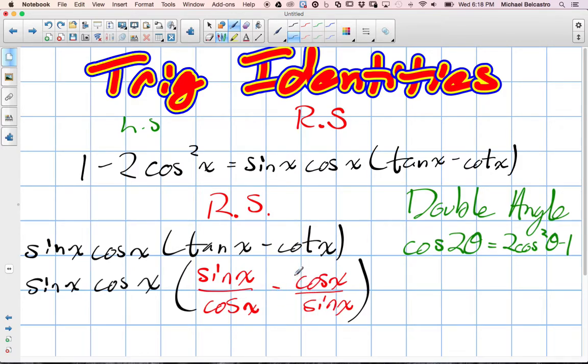In order to do that, we'd multiply the denominator by the other fraction. So in this case, we're going to multiply sine x by both the top and the bottom, and on this side, we'll multiply cos x on the top and the bottom.